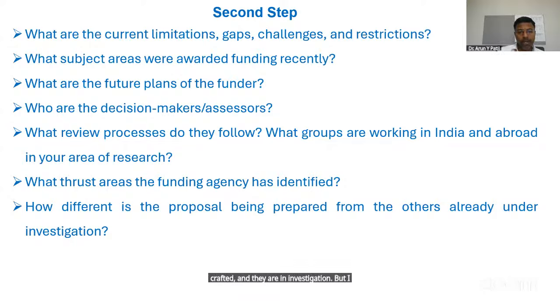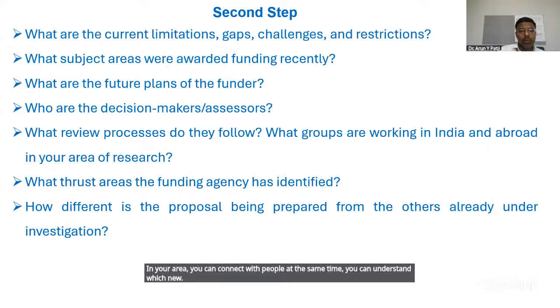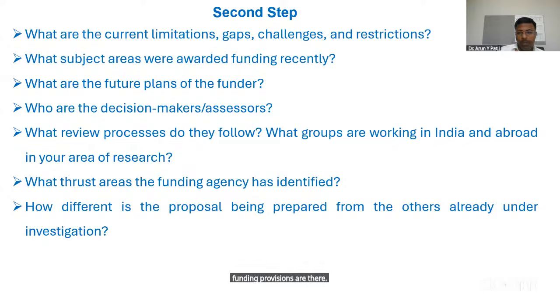But I would recommend you to continuously browse LinkedIn on a daily basis, because many people go through Instagram and Facebook and many other platforms, but LinkedIn is a very unique platform wherein you can understand your area, connect with people, and at the same time understand which new funding provisions are there. Those all will be available.